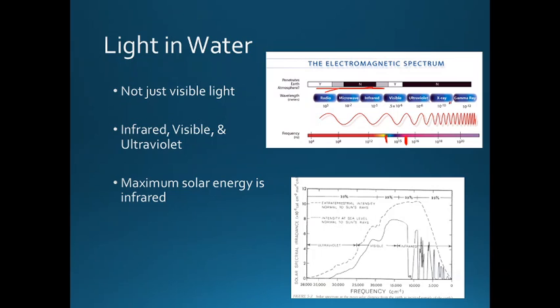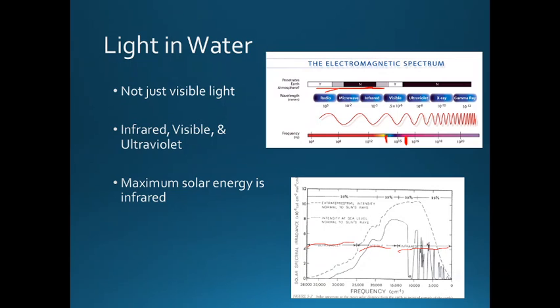So what we see is, given our sun, our sun throws off a lot of different wavelengths of light. What we've got here is ultraviolet light, visible light, and infrared light.